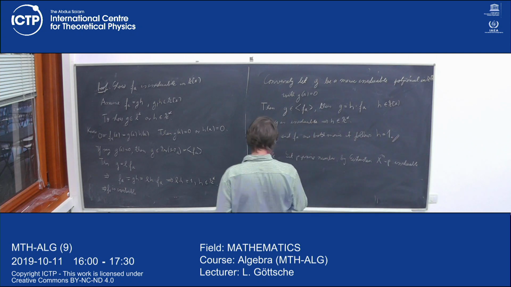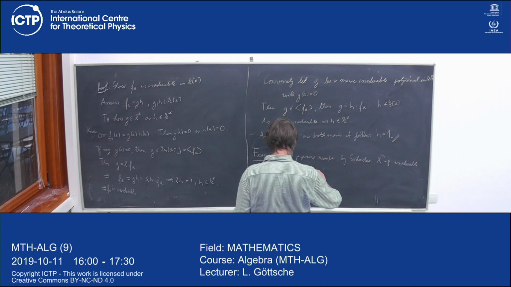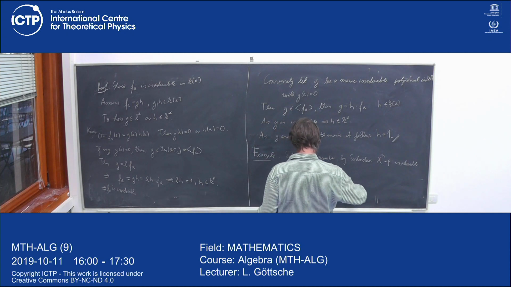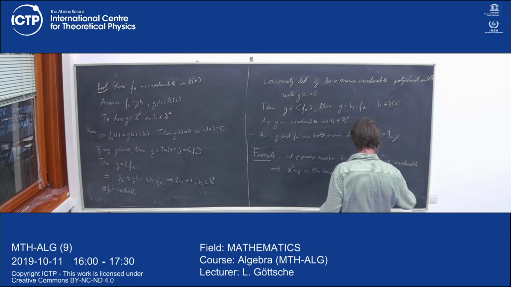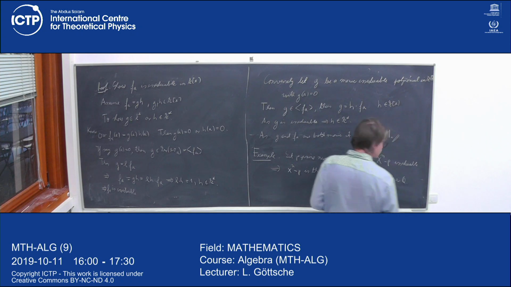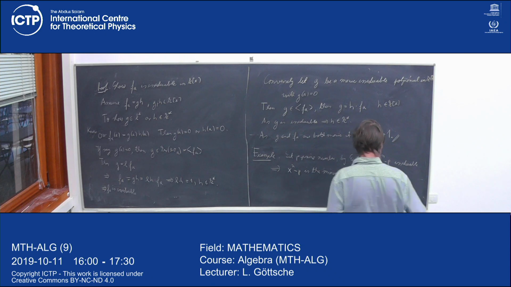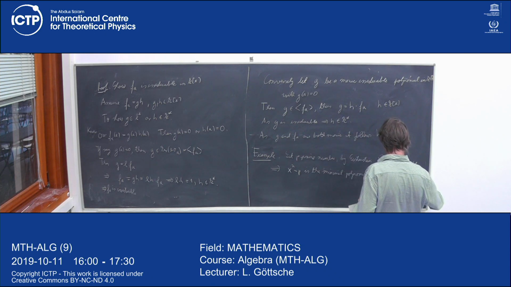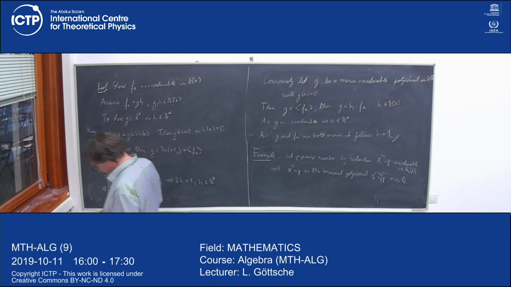So it follows that x to the n minus p is the minimal polynomial of, say, the nth root of p over Q. So it's irreducible in Qx. Okay, so this is just an example.